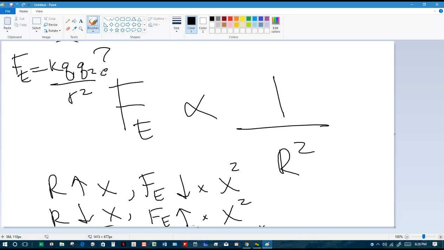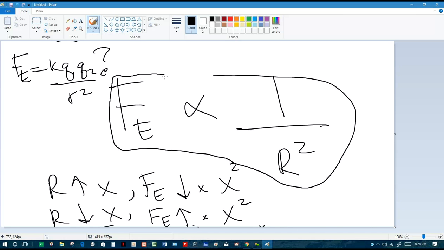No. What's the only way to solve this problem? Using a proportionality. Recognizing that if you change the distance between them, the actual charges are not going to change. As they get closer or further, their charge is still the same.